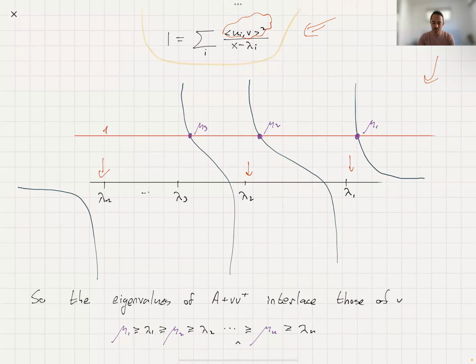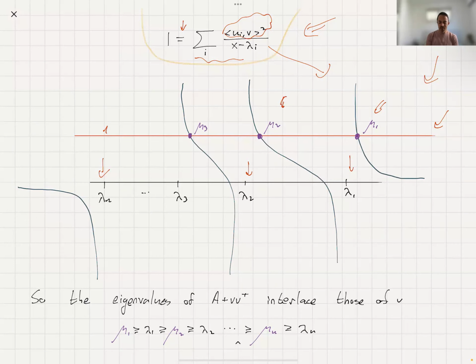This is the function that's drawn here, and I also have this horizontal line at height 1, and the solutions to this equation are exactly where the graph meets that line, namely at these purple points, mu_1, mu_2, mu_3, and so forth.